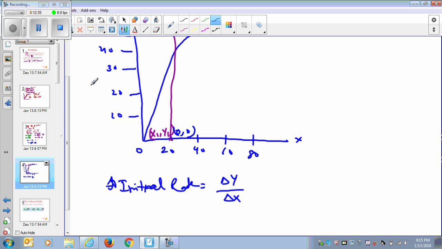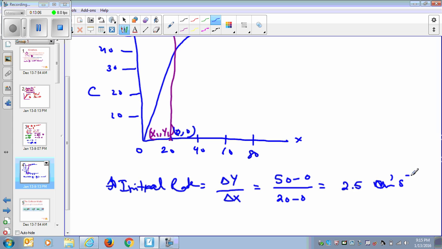Where y is the speed of the products, the velocity of the formation of the products, and this is the time. So basically this is the concentration and this is the time, okay? So y is y2 minus y1, which is 50 minus 0, and this is going to be 20 minus 0, which is equal to 2.5 moles per cubic centimeter.